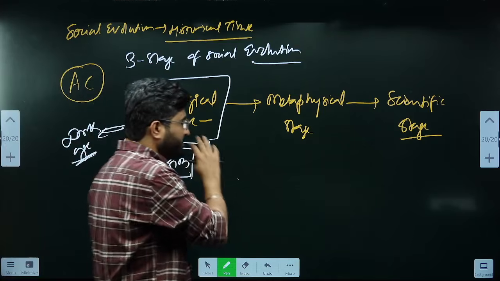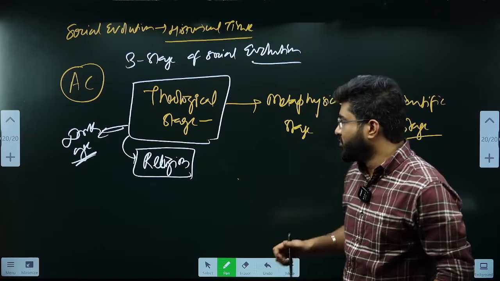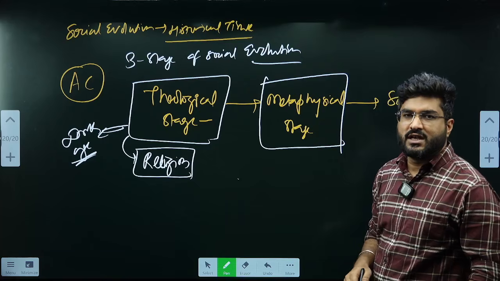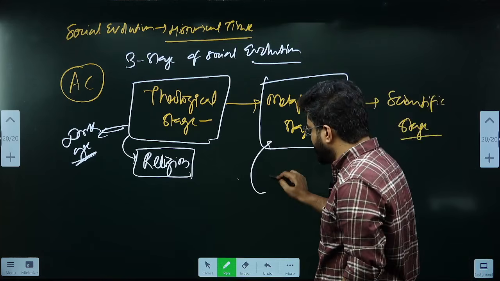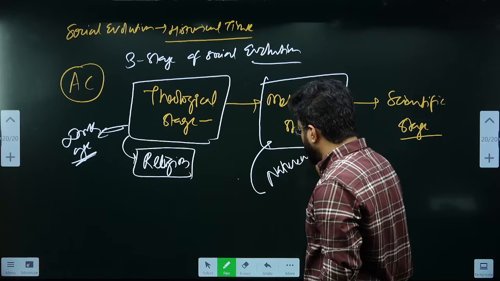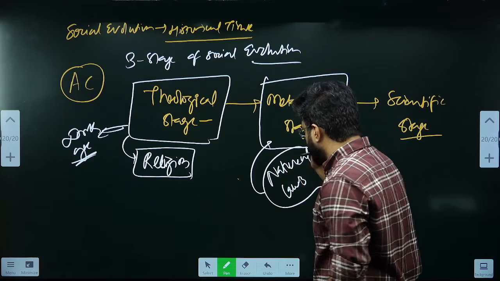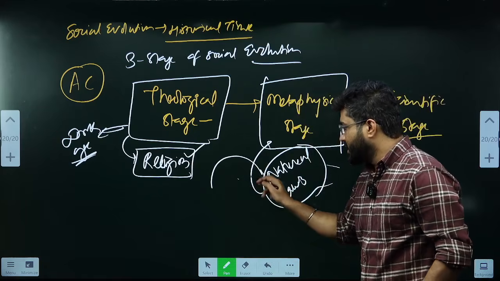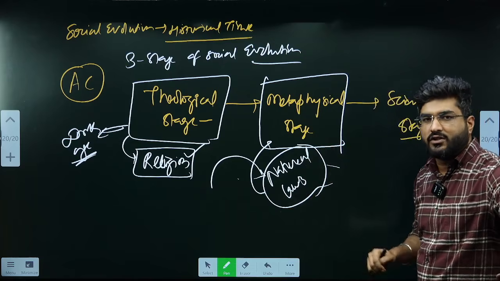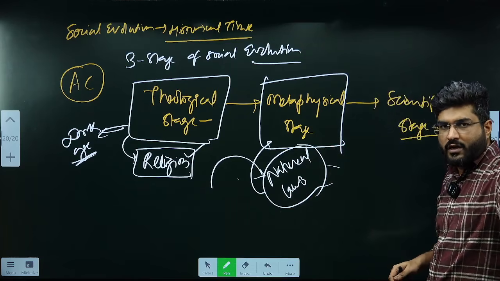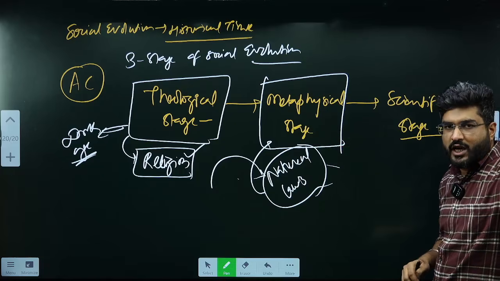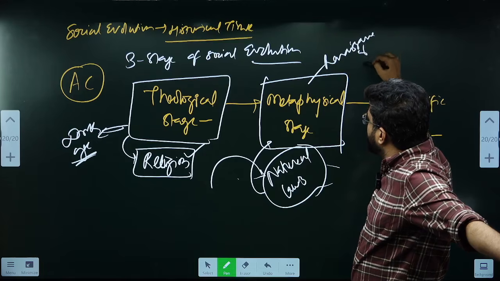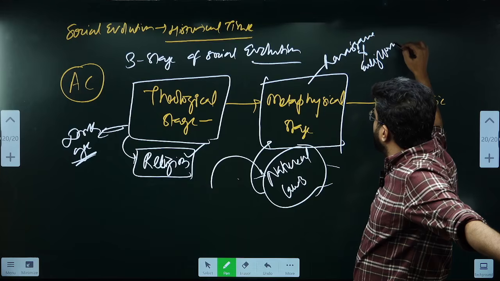This is what your period of dark age would be confined to. From this period of the role of religion, society will move towards the metaphysical stage. What is this metaphysical stage? It is when there will be the rise of natural laws. Rather than focusing on religion, we will start to focus on nature. Nature will dictate whatever the society is going through here. And we will start to question that particular part, which we have been seeing during the Renaissance and Enlightenment period.